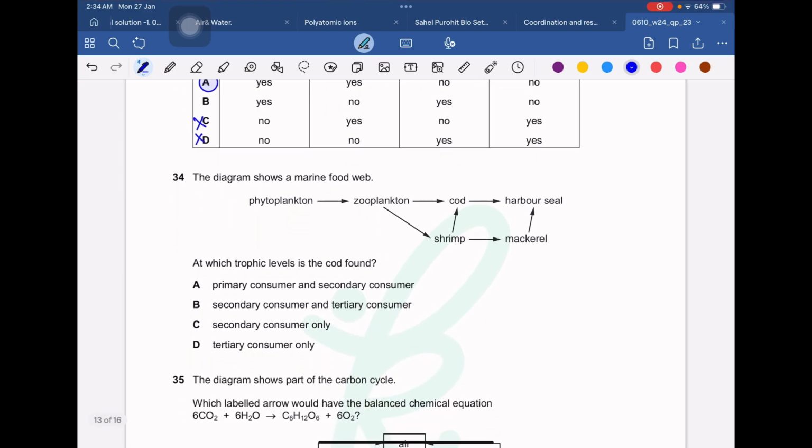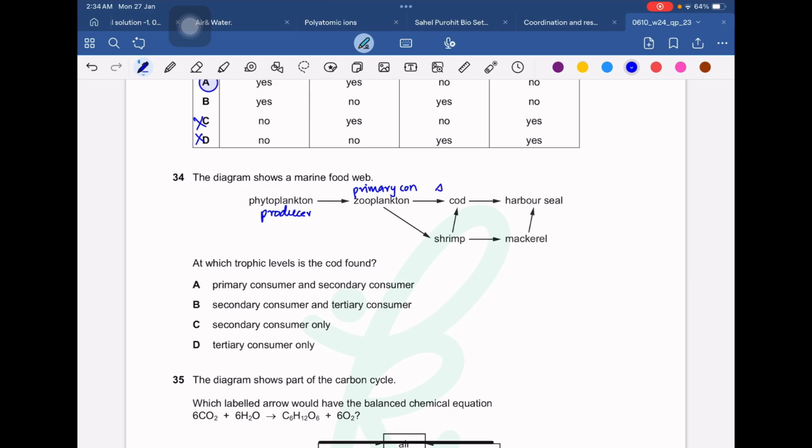Next question. The diagram shows a marine food web. At which trophic level is the cod found? So when I talk about the cod, first of all, this is the producer. Zooplankton will be the primary consumer.